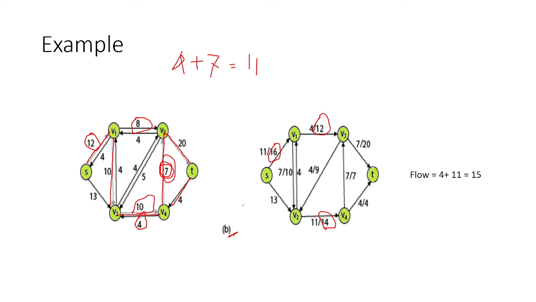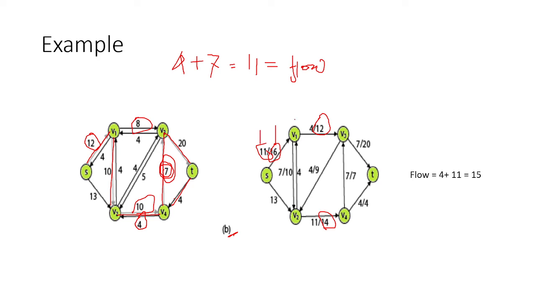We will write the flow on the left side and the capacity on the right side. 11 is our flow.